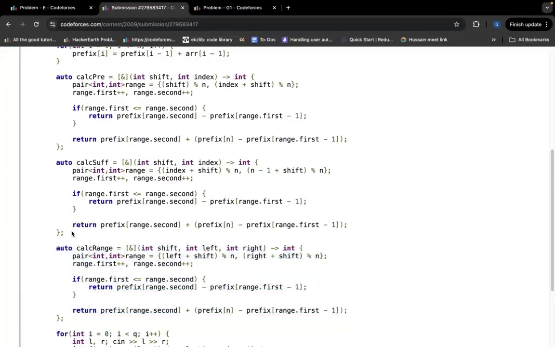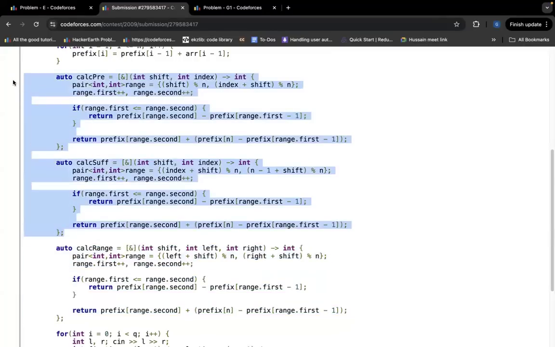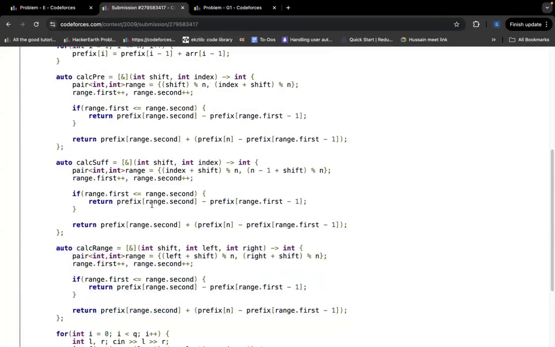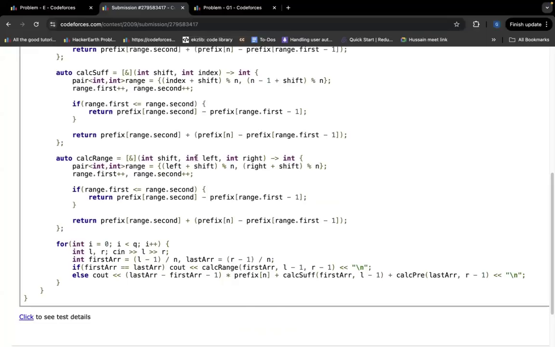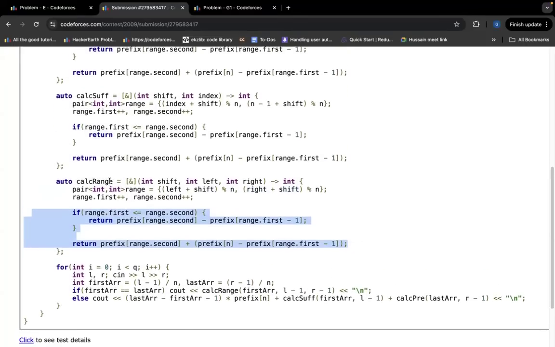Because I was in a hurry during the contest, I just wrote this 3 times. But more or less, if I'm given left and right, then it's just left plus shift modulo n, right plus shift modulo n, and these 2 cases. Okay. Is this clear for everyone? And prefix and suffix are just special cases of this. Clear? Yes or no, guys? Tell me.